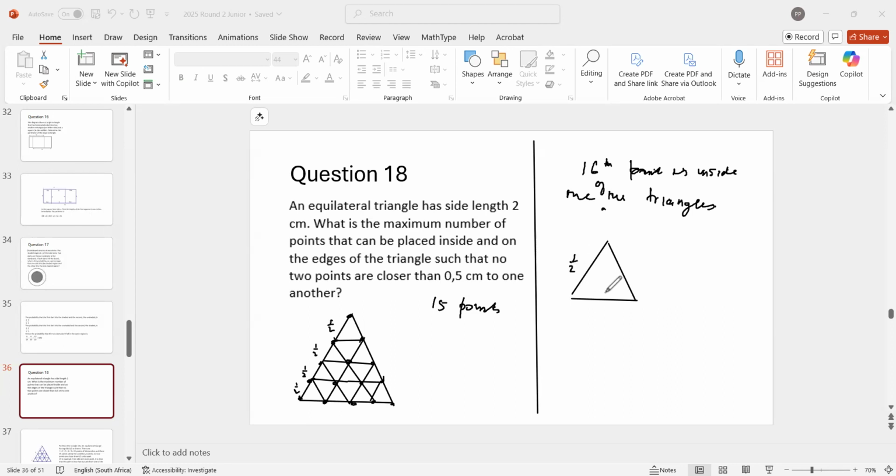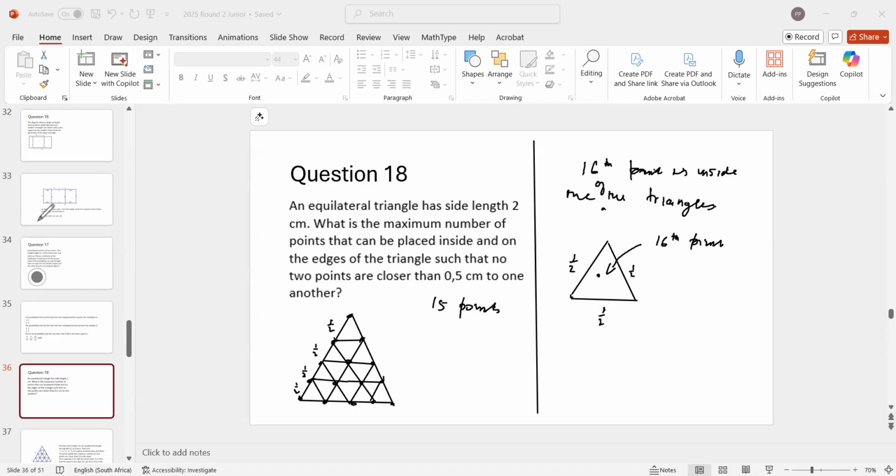The 16th point is going to be inside one of these triangles. Now I claim that its distance from one of these sides is going to be less than half.